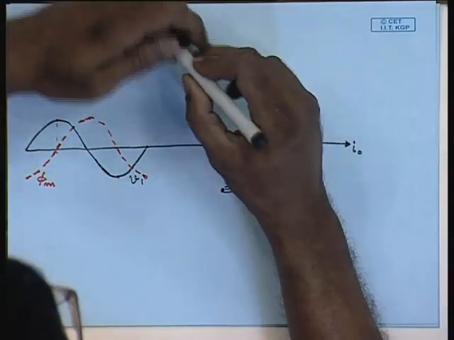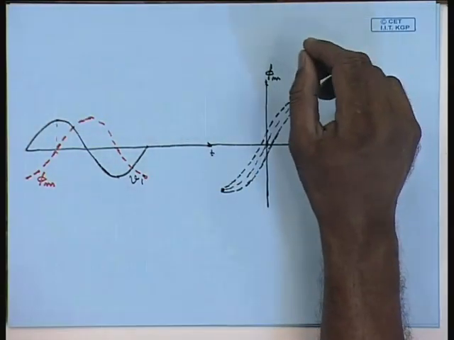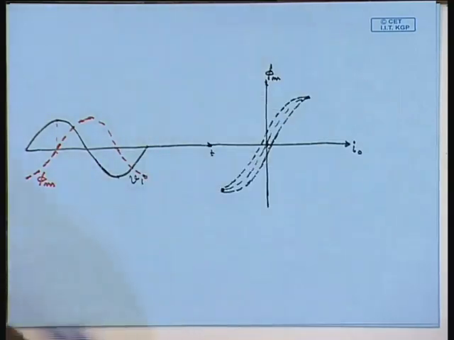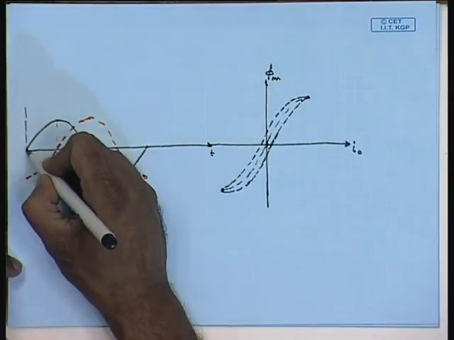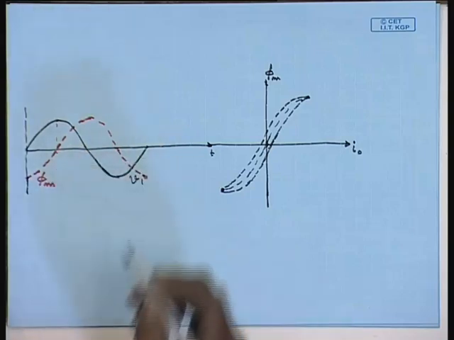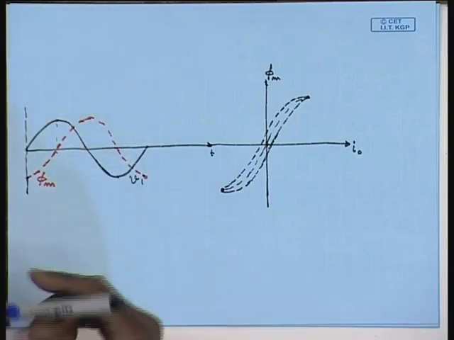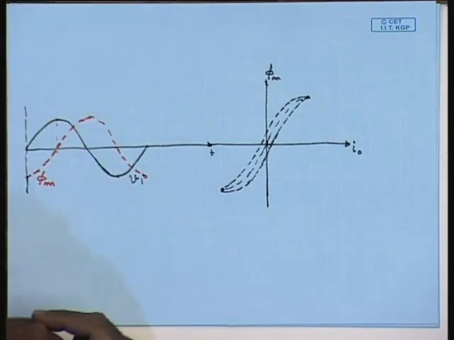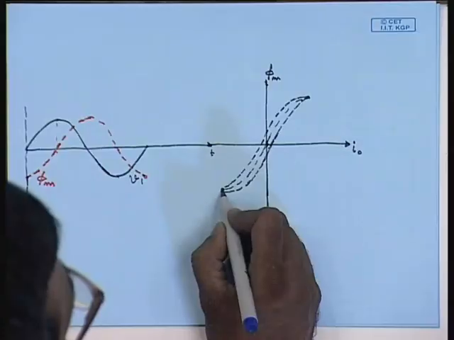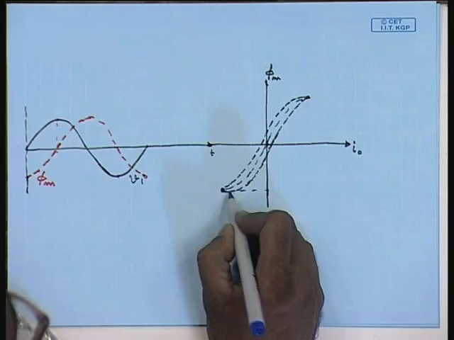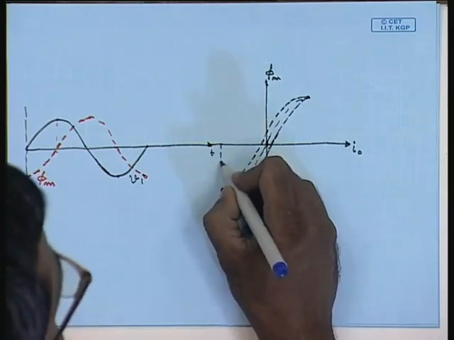So, for the current, let us see that at time t equal to 0, when applied voltage was 0 and increasing, the flux was at its negative peak. This was the value of the flux, and hence the corresponding current was this.